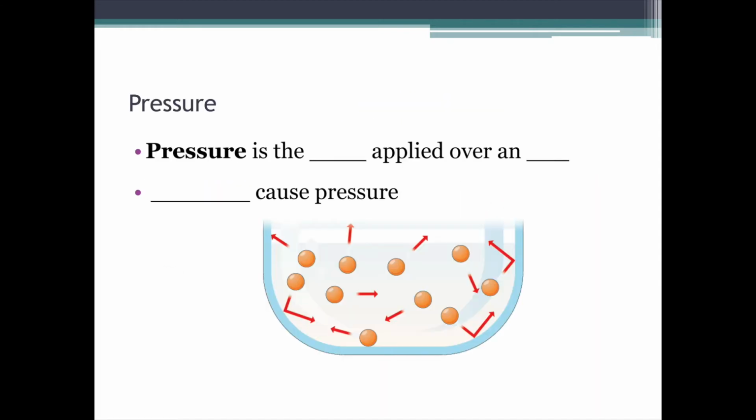So, pressure. Pressure is the force applied over an area. So in terms of chemistry and molecules, it is collisions that cause pressure. When an atom or molecule hits the wall of its container, that is a force over an area. So collisions of molecules with their container cause pressure.